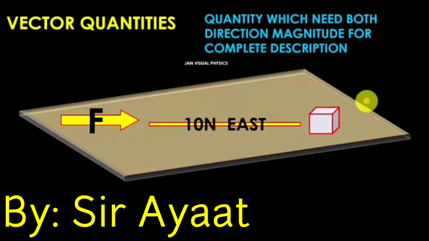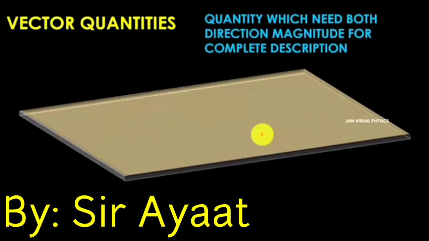Force is a vector quantity. If we apply force on a box, and let's say the force is 10 Newton and the direction is toward east. So here 10 Newton is magnitude and east is direction. So for force we need both direction and magnitude.